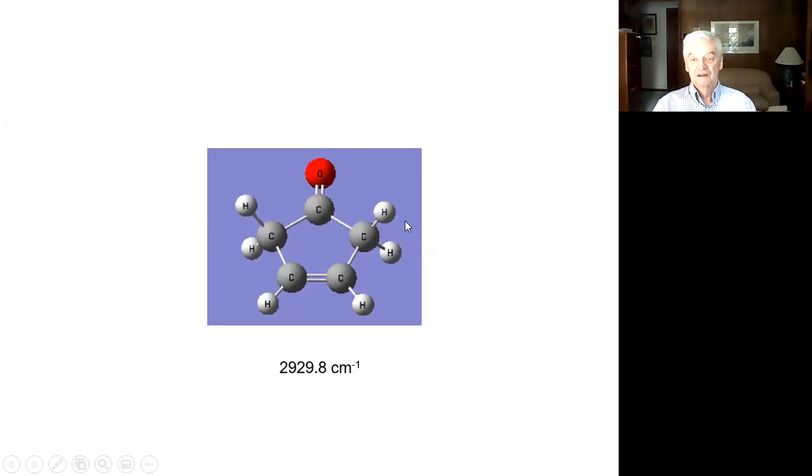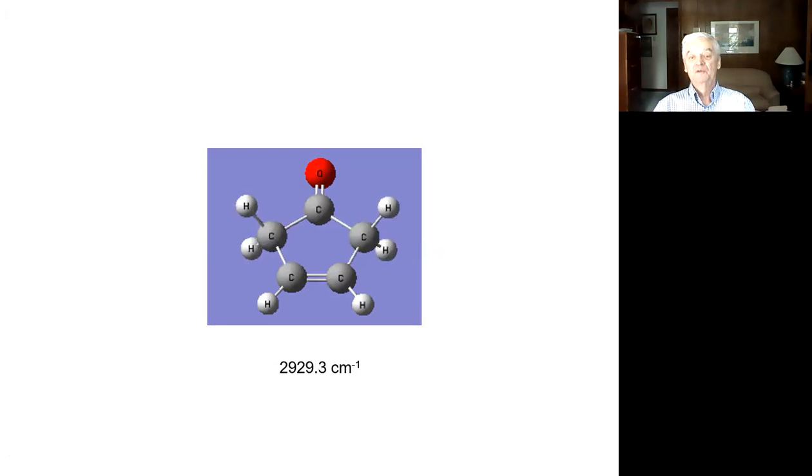This one, by the way, is called an anti-symmetric out-of-phase stretch. It's anti-symmetric because one bond is stretching while the other is shrinking. And if you compare the carbon on the left to the carbon on the right, they're out of phase with respect to each other. When this hydrogen is going in, the equivalent one on the other side is going out.